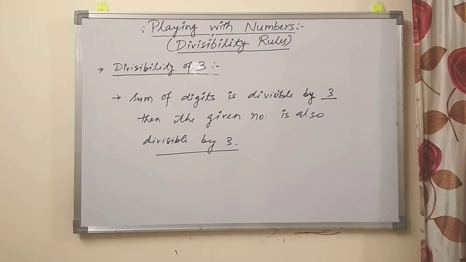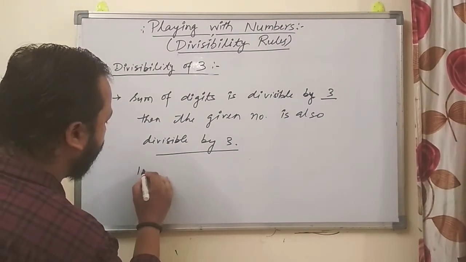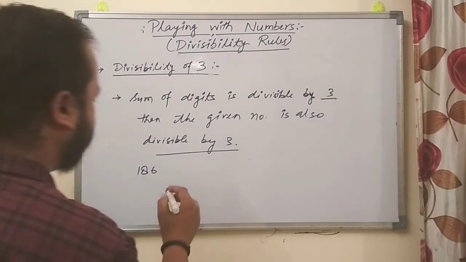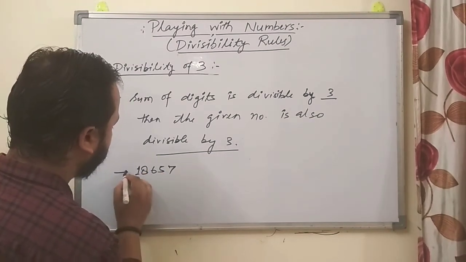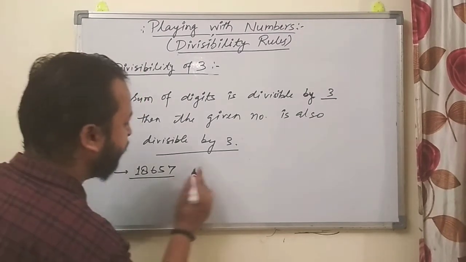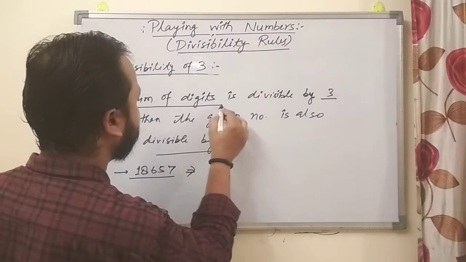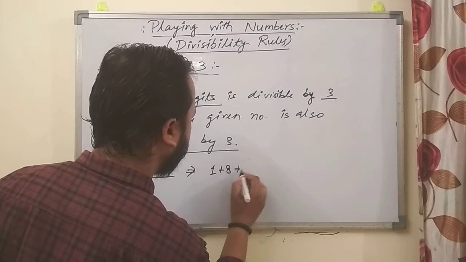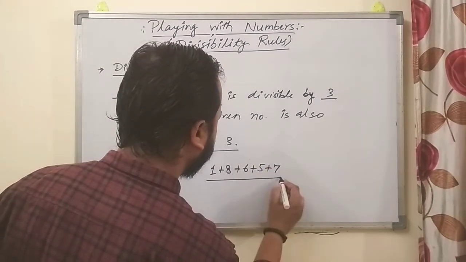If we take an example, suppose a number is 18657. If we add the digits, that is the sum of digits, 1 plus 8 plus 6 plus 5 plus 7.